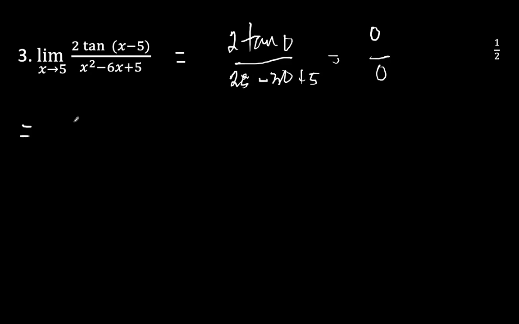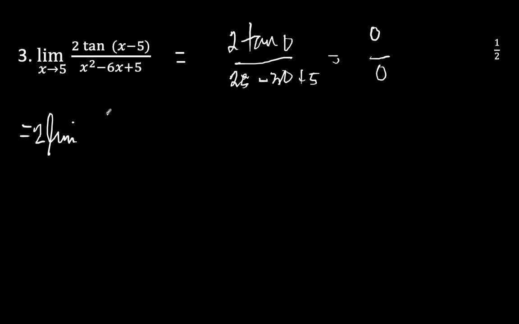So we have, let's copy the limit, and we can place the 2 as the coefficient of the limit expression since it's constant. Let's convert tangent to sine and cosine, okay? Let's express tangent in terms of sine and cosine.